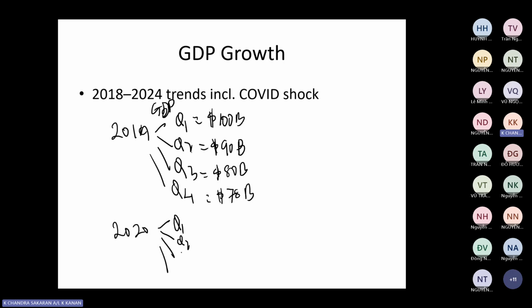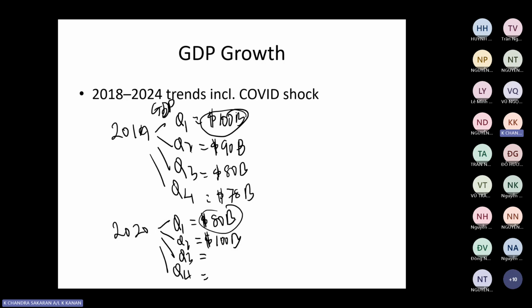This is GDP in quarterly data, provided per quarter. Maybe this one shows 80 billion. But when you compare the first quarter of 2019 and the first quarter of 2020, the first quarter of 2020 is still below the performance of 2019. You can also do a comparison like that. Then here maybe it becomes 100 billion.